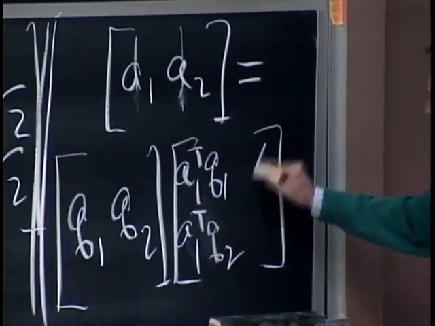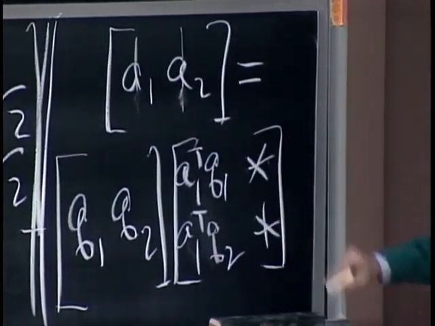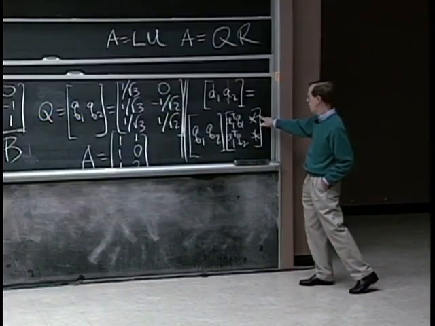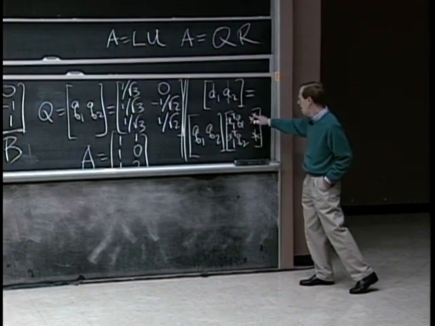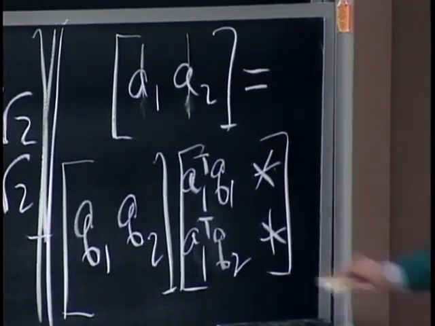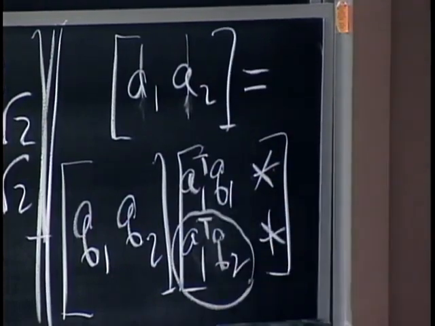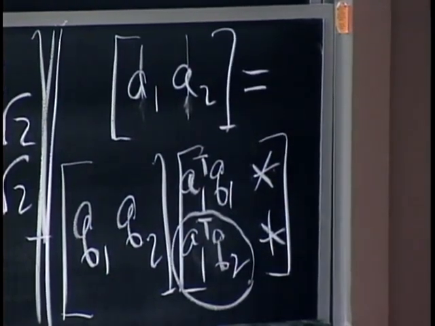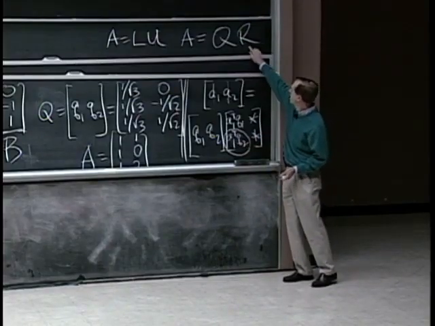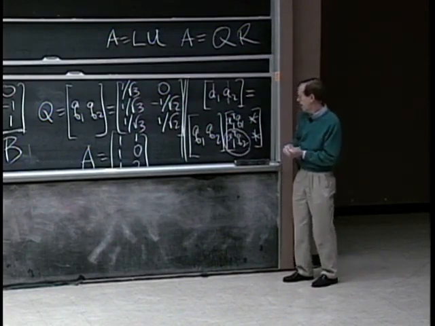And this will be something here, and this will be something here, with inner products A2 transpose Q1 and A2 transpose Q2. But why is that guy 0? Why is A1 Q2 0? That's the key to this R here being upper triangular.